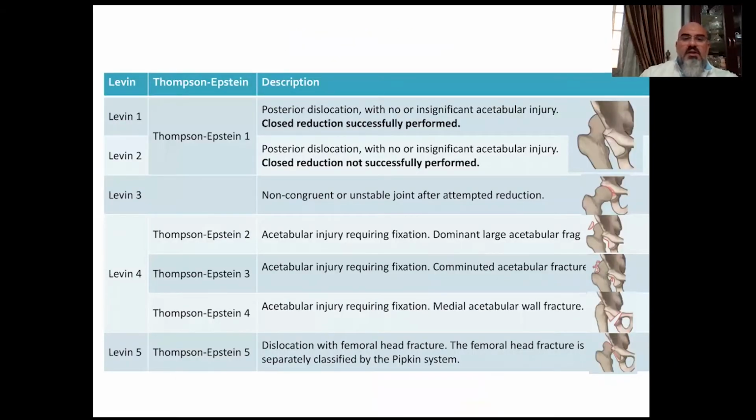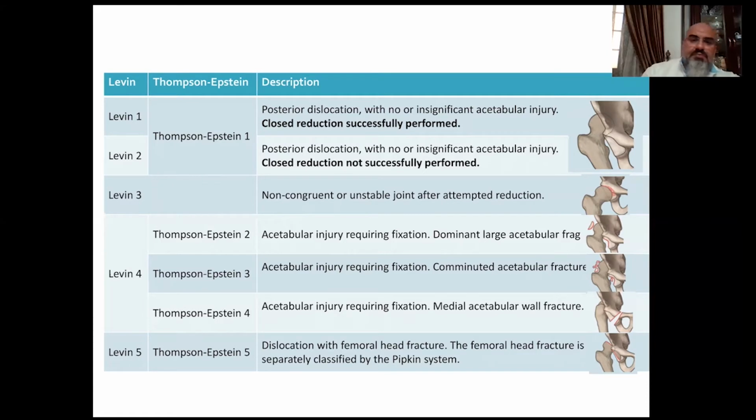Another classification is the Levin or the Thompson-Epstein classification. It classifies the dislocation according to the main points, which are the dislocation and the association, in addition to the stability post-reduction, whether we have stable reduction or unstable reduction.